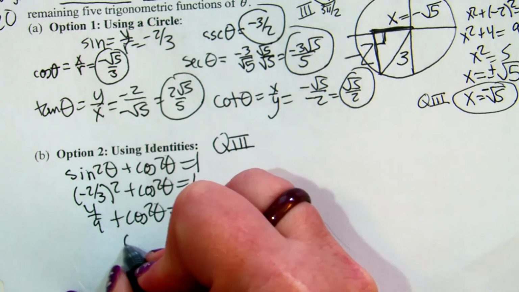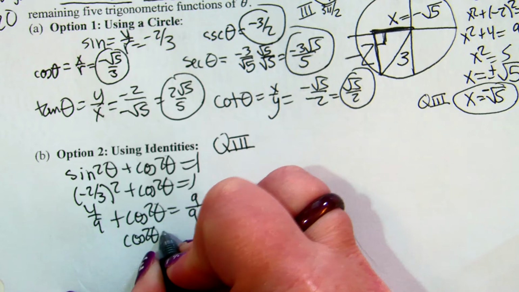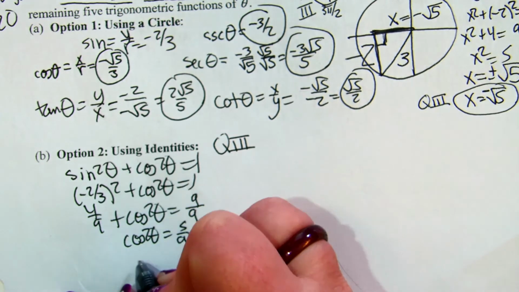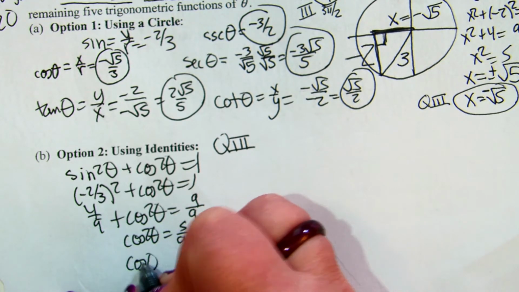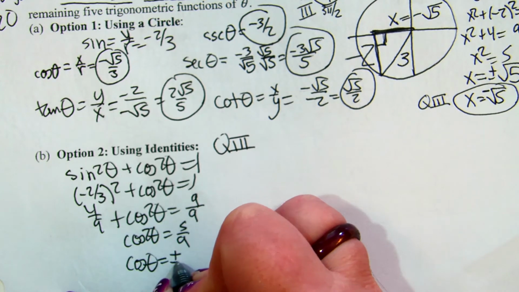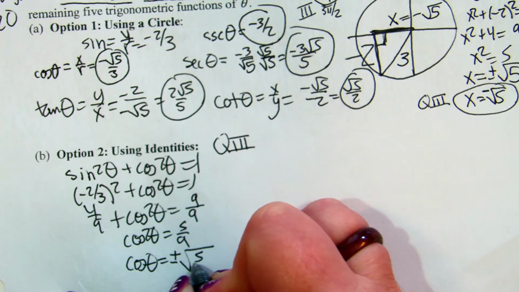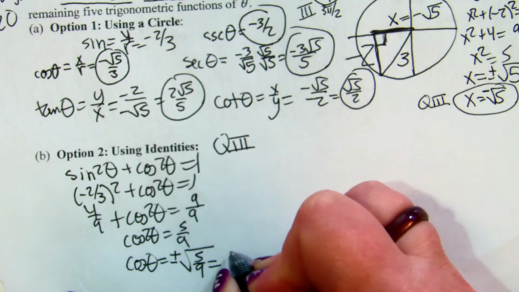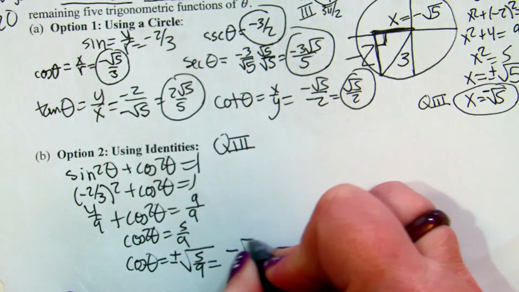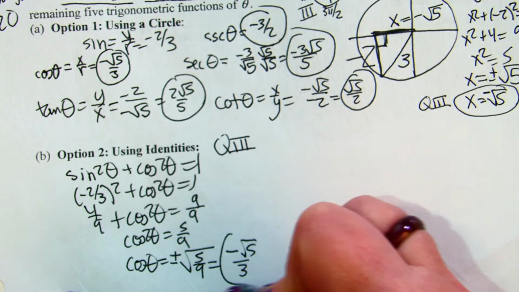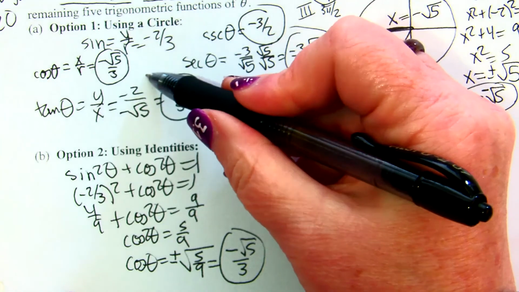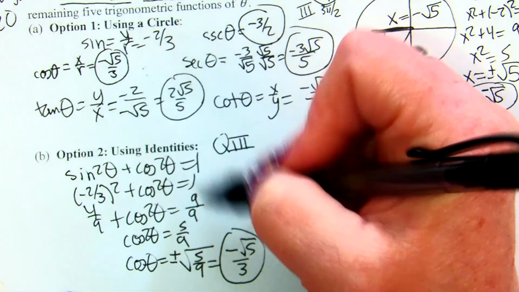Subtract 4/9, and we get 5/9. And then cosine theta equals plus or minus the square root of 5 over 9, which in quadrant 3, it's negative rad 5 over 3. So we got the same answer for cosine.